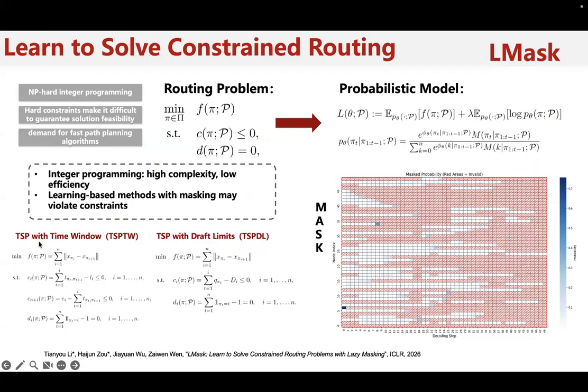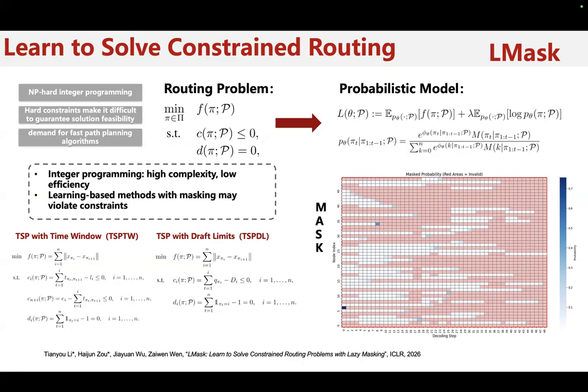For example, the TSP with time windows and the TSP with draft limits. Both of them have so-called hard constraints and soft constraints. So rather than binary constraints, we have many other constraints. So this problem is much more complicated.